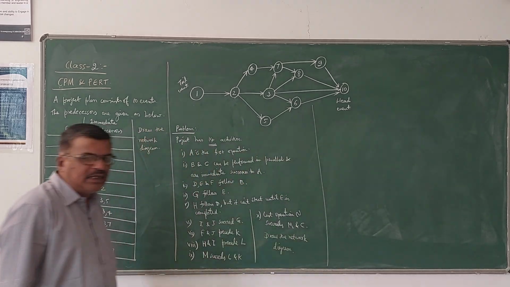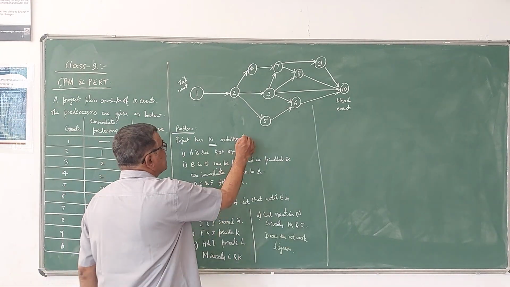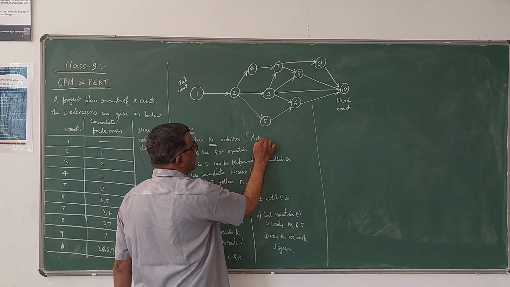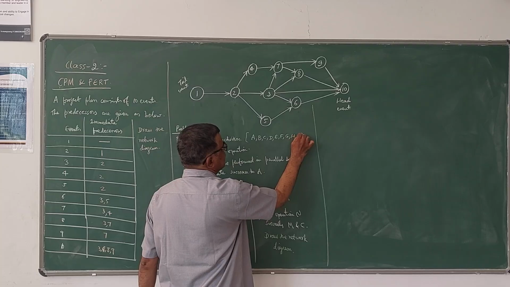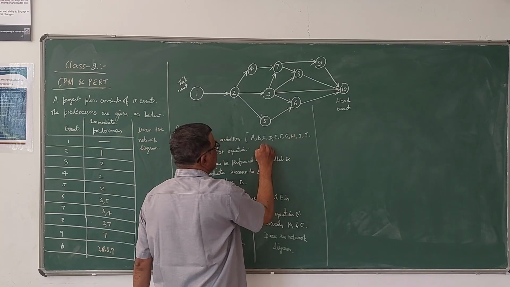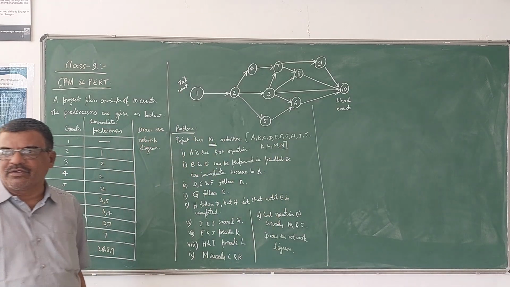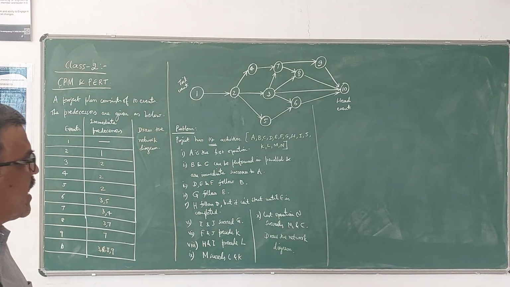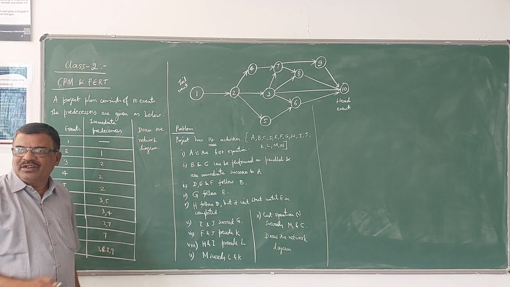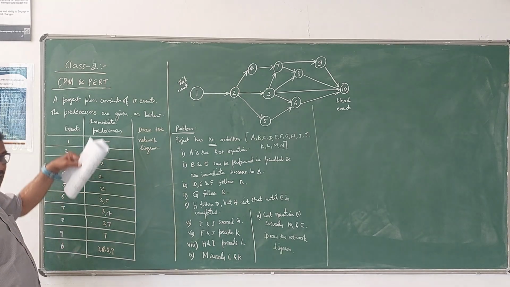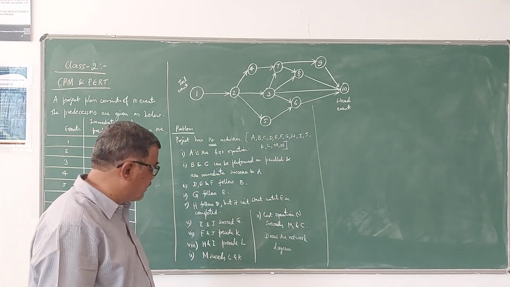There are totally 14 events in this problem, starting from A, B, C, D, E, F, G, H, I, J, K, L, M. Instead of 1, 2, 3, 4, he has given the events as A, B, C, D up to N. So this is how he has given. One way is giving numbering like this, another way is like this. They can ask to draw the network diagram.